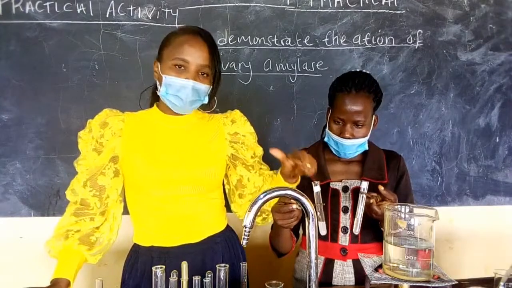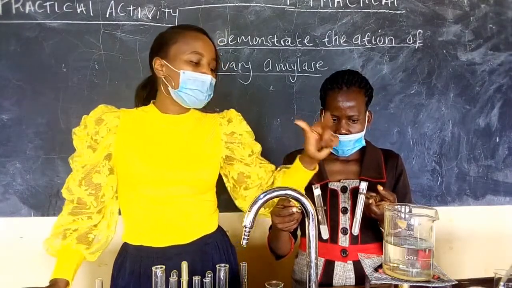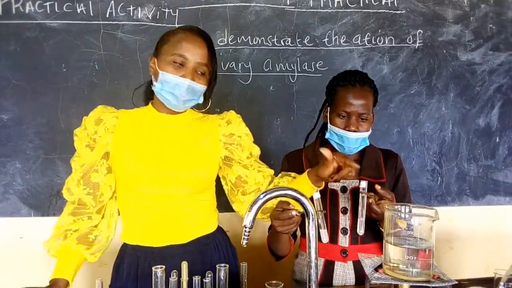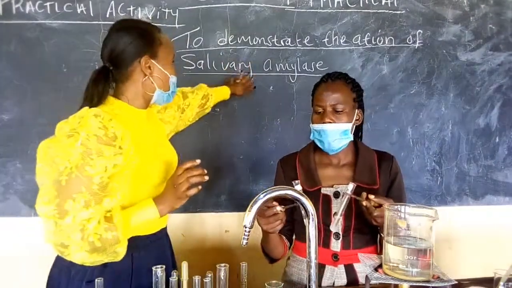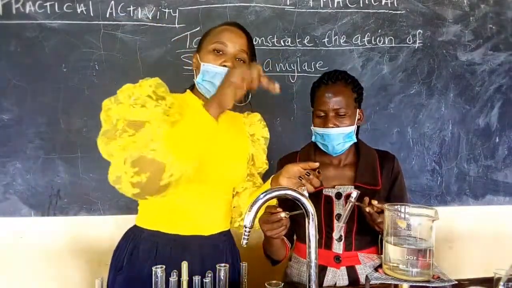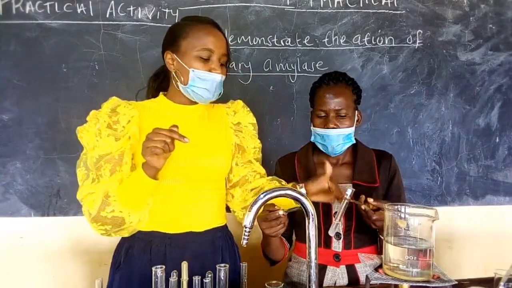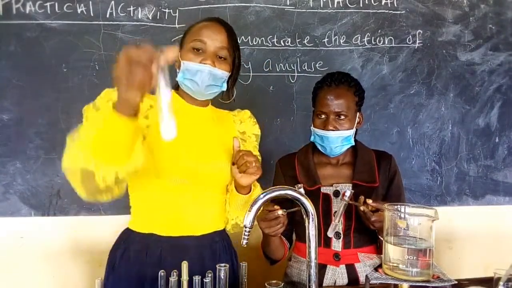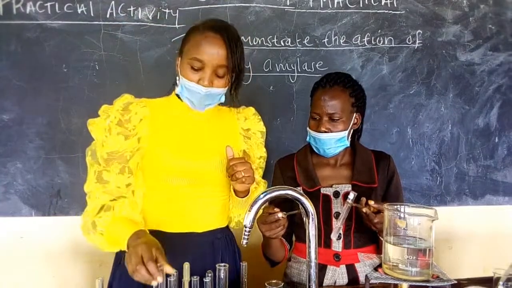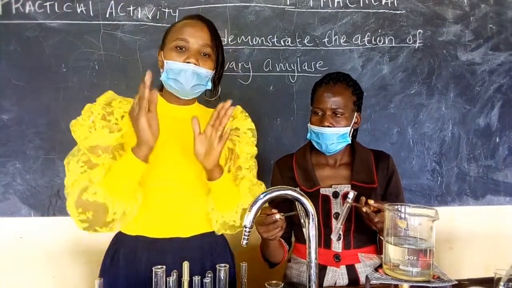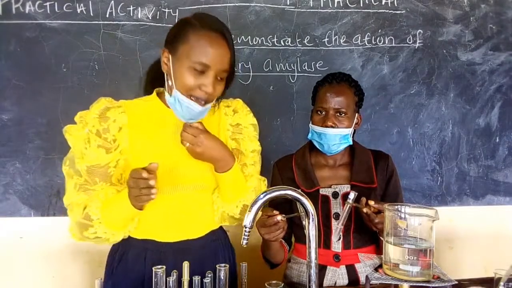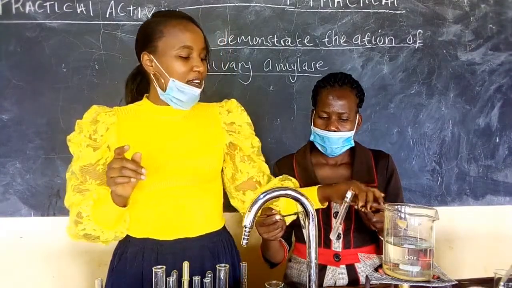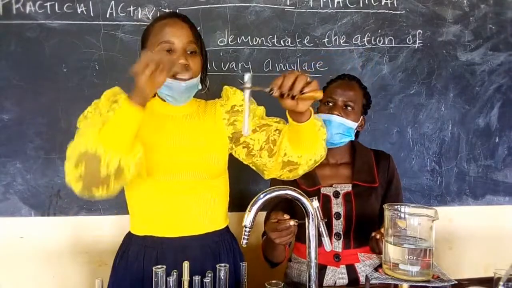This test tube we put distilled water, and this one we put saliva, because we know salivary amylase in the saliva is going to act on the starch. It's going to break it down into its constituent monosaccharide.